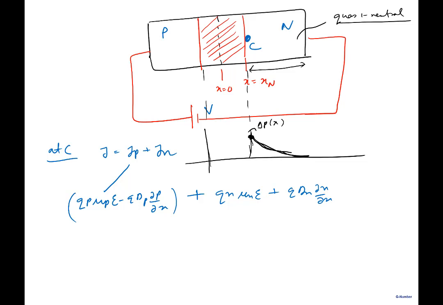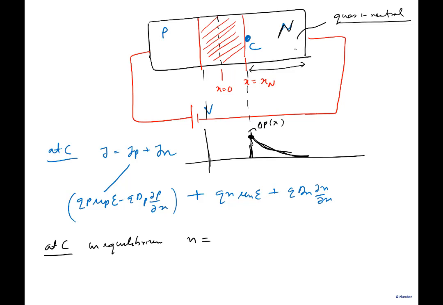The other thing is the number of electrons in the N region. If I take a point right at C, just outside the depletion region, in equilibrium, how many electrons are there?